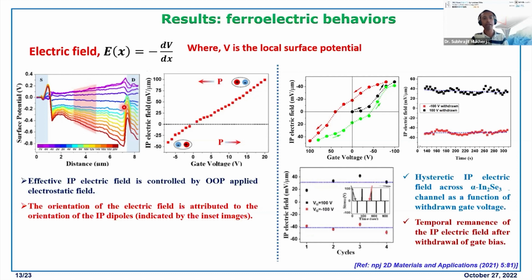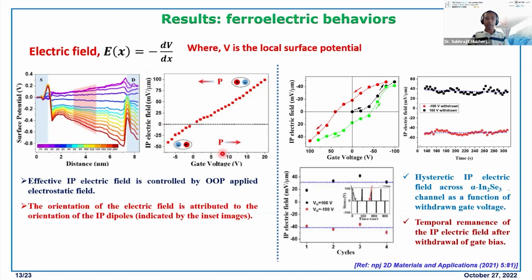From this, we calculate the in-plane electric field, because we are mapping in-plane directions. We see the in-plane ferroelectric field changes from positive to negative, so the polarity of the electric field is changed. That means the dipole is changing from one side to another.